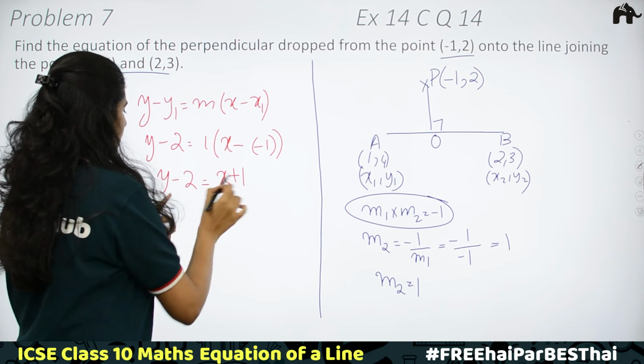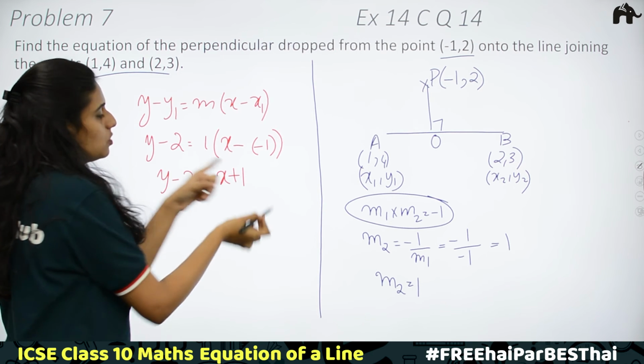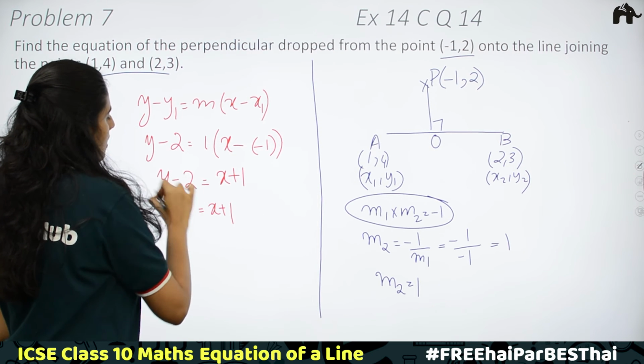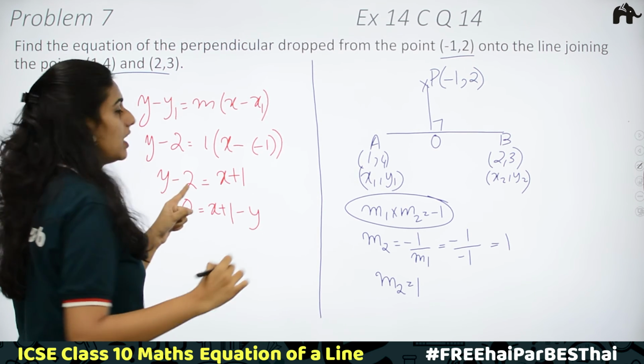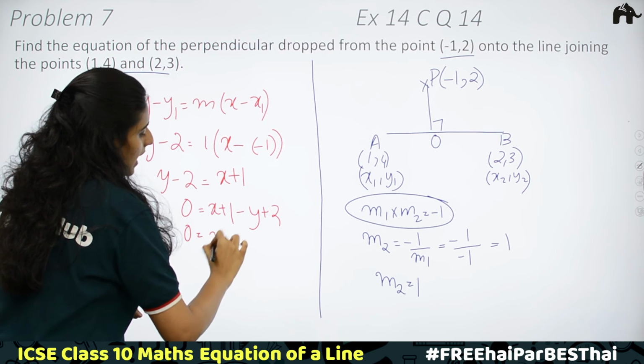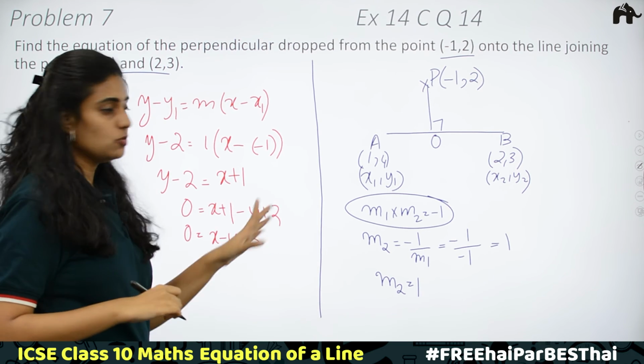Rearranging this, taking y minus 2 to the opposite side, 0 is equal to x plus 1, y becomes minus y, minus 2 becomes plus 2. That is 0 equal to x minus y plus 3, since 1 plus 2 is 3.